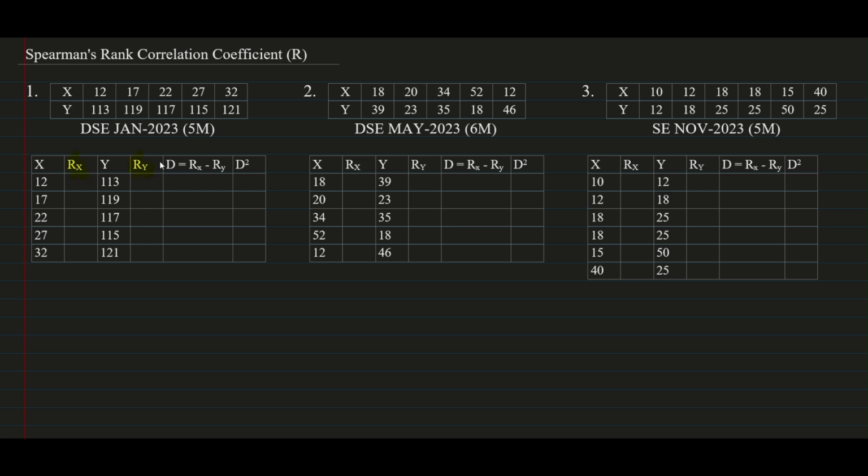Now the question is, how do we list the ranks of items in X and Y? Either we can rank the items in ascending order or in descending order, but prefer only one for both. If you rank the items in X in ascending order, please do rank the items in Y also in ascending order.